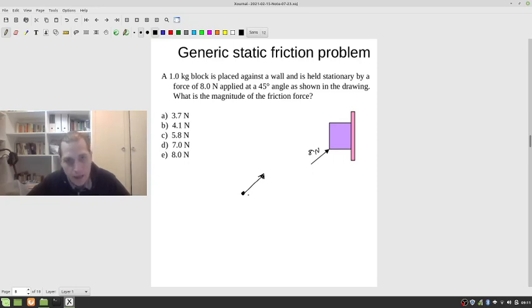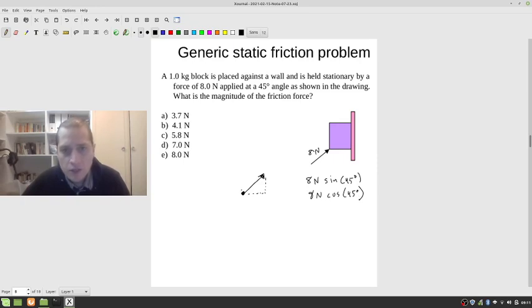And if I am canny, I realize that I'm going to have to split that up into an x component and a y component, which is going to be 8 newtons times sine of 45 and 8 newtons times cosine of 45, which, those of you who are in the know will realize, both of those are going to be square root of 2 over 2.